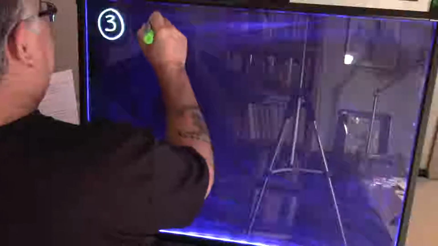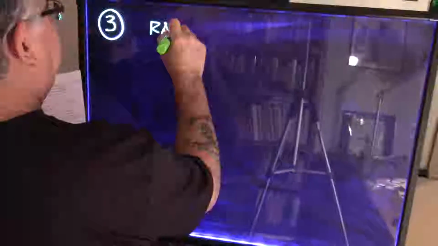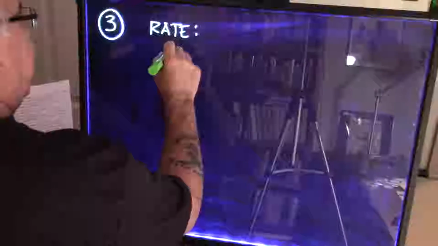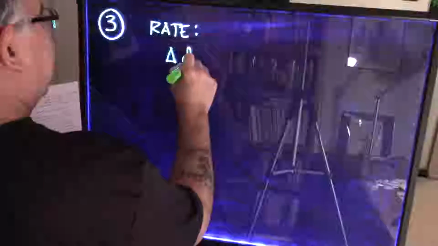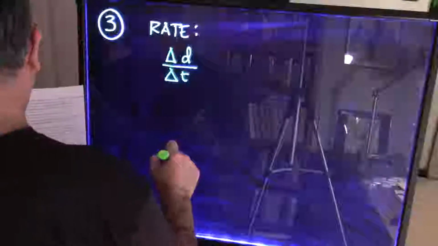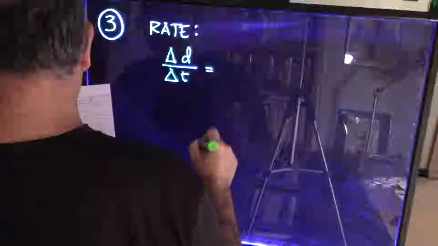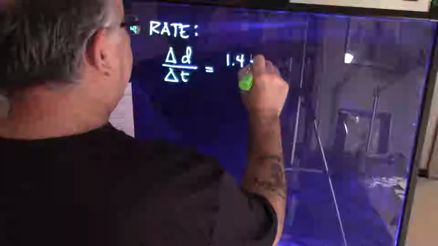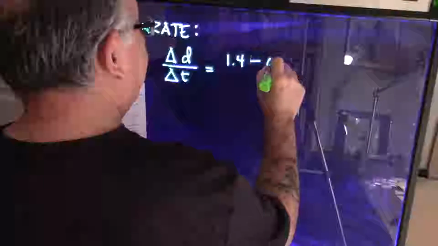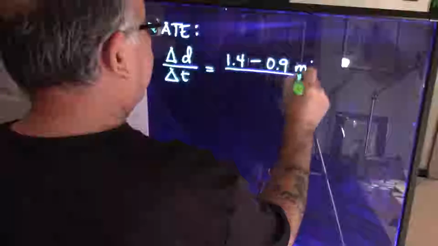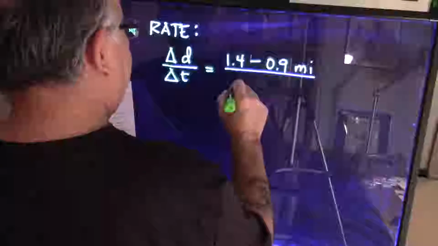So in this case, her rate is going to be the change in d over the change in t, or delta d over delta t, where delta represents change in. That's 1.4 minus 0.9 miles over 12 minus 2 minutes.